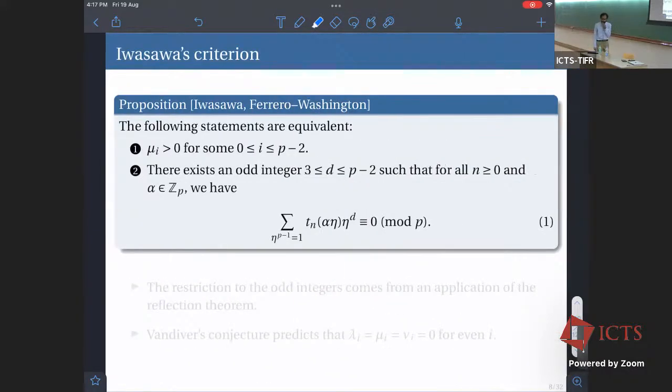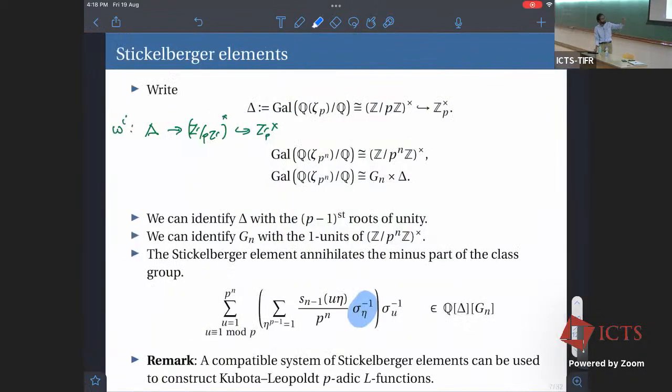And so the way Iwasawa wrote down this criteria is that there exists an odd integer between 0 and p minus 2 with this property that the summation eta to the p minus 1, the summation over the p minus first roots of unity of some quantity, is congruent to 0 mod p. Okay, so this just comes from the fact that I'm sending sigma eta to the d.